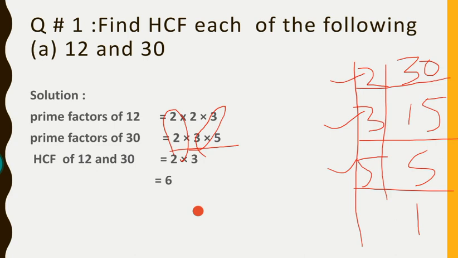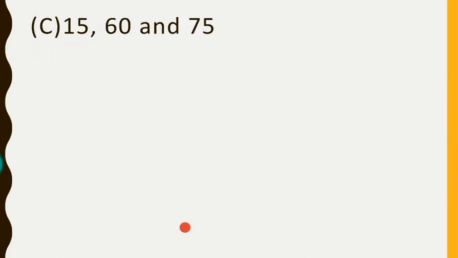Okay, this is quite simple. First of all, we have to find the prime factors of these two values, and then find common factors, and these common factors are the HCF of 12 and 30. Okay, let's move to the next question.